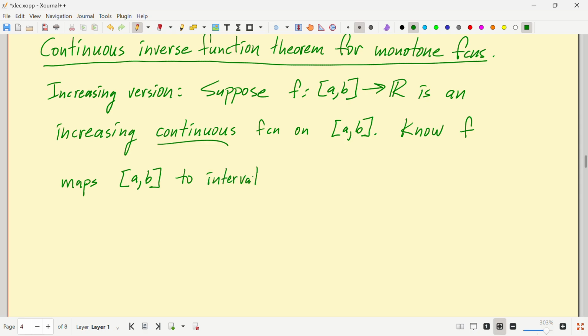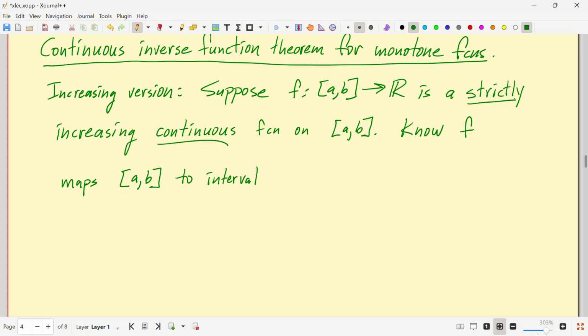Oh, doggone it, I want f to be a strictly increasing function. You would very quickly say that this thing can't possibly be true if you thought about a constant function. So a key word here is strictly. I should put that in the title, but the book didn't. Suppose it's a strictly increasing continuous function on [a, b].